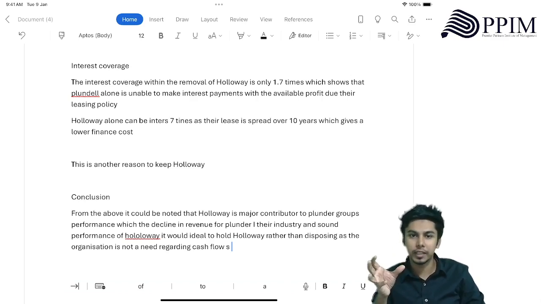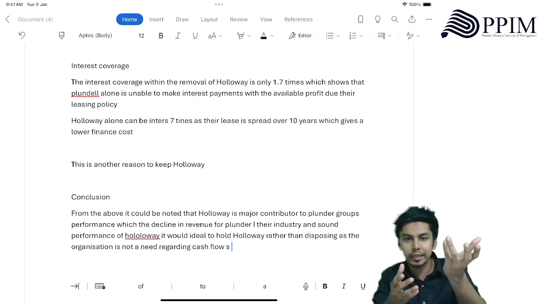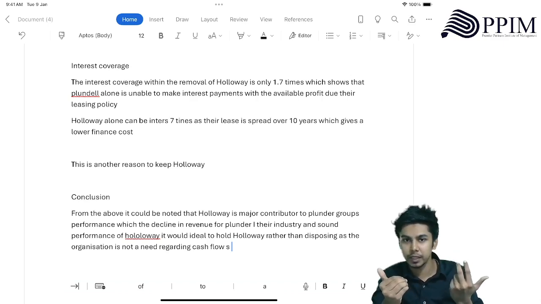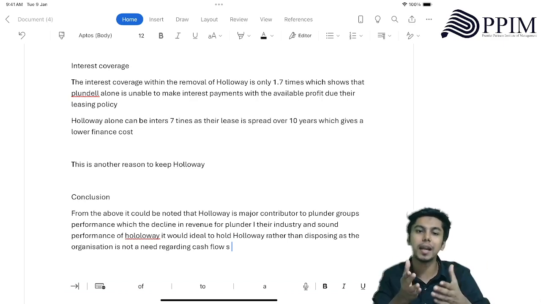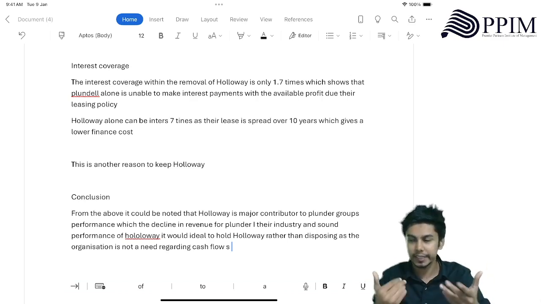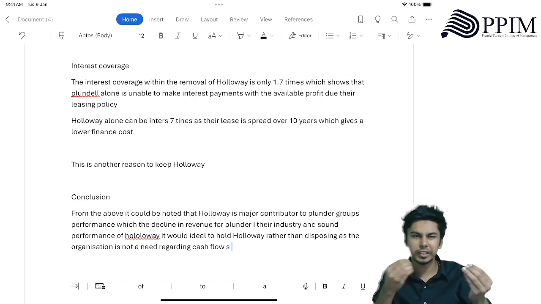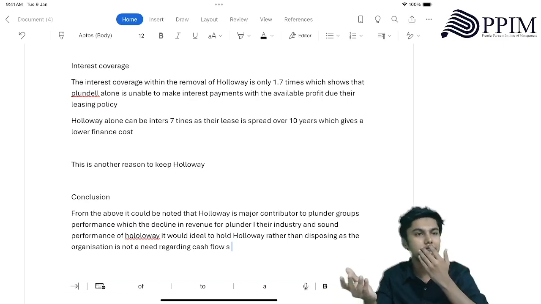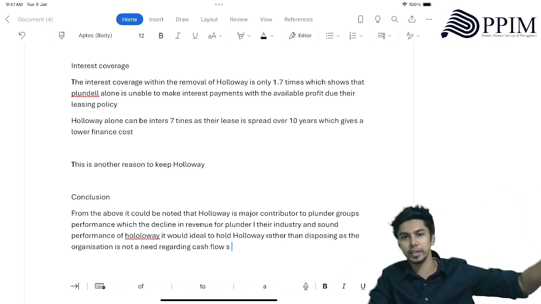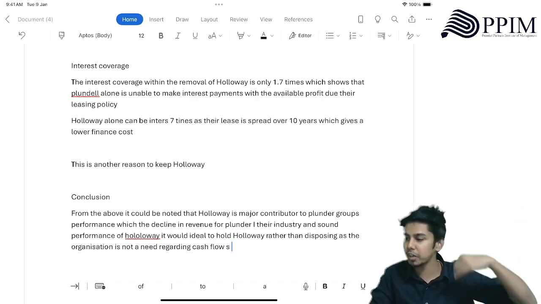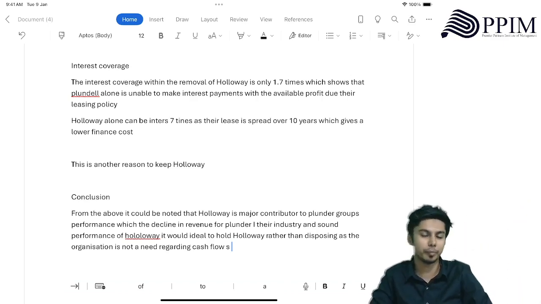But in the entire question, does it say that Plundle needs cash? Is he having an overdraft situation or something like that? No. So it doesn't seem like the business is in need of cash, so it doesn't make sense to sell Holloway, because it's an organization that has been contributing well towards our performance. So the conclusion is not to sell unless you are in need of cash.